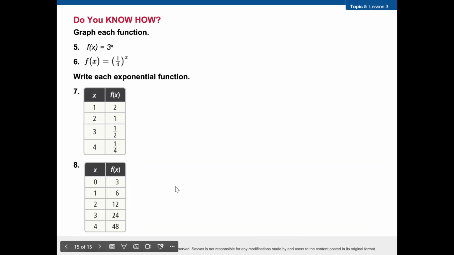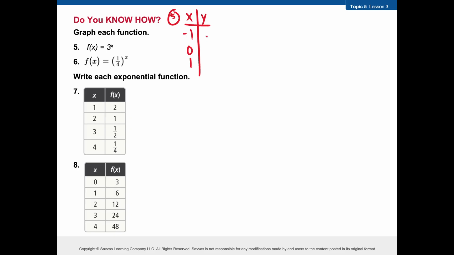Number 5: f of x equals 3 to the x power. I can make a table with -1, 0, 1, and these are just the easiest numbers to use. 3 to the negative first power, 3 to the 0, 3 to the first.